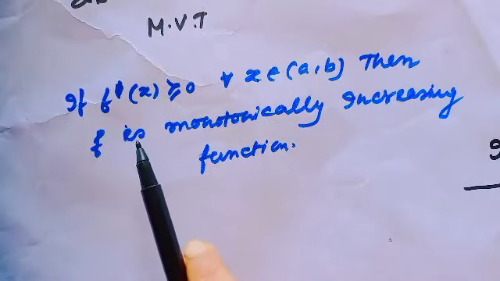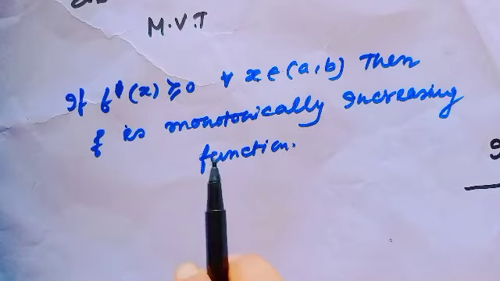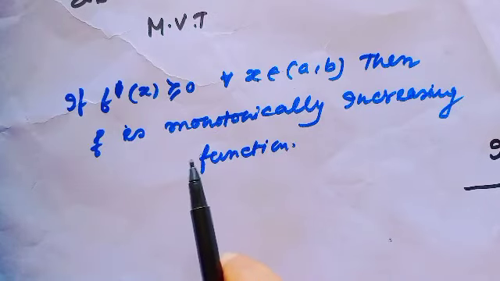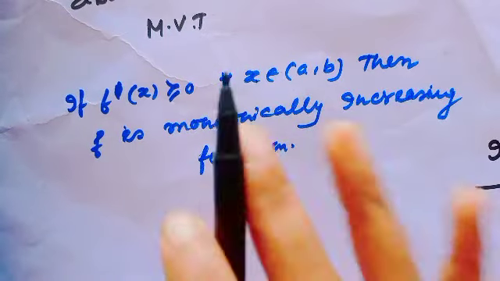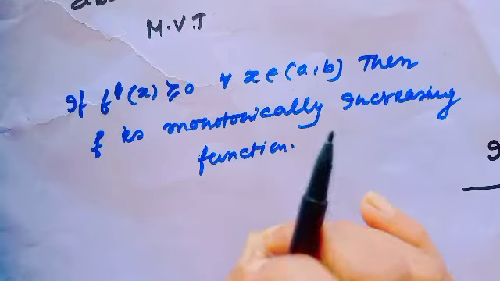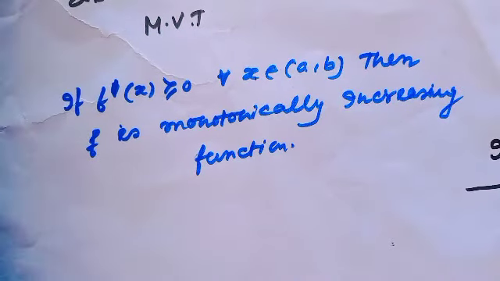Notice we have information about f prime x and we have to find the original function f, and if f prime x satisfies this condition, then obviously f will be a monotonically increasing function.